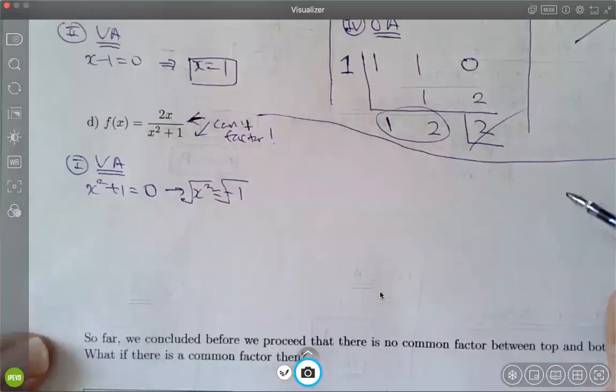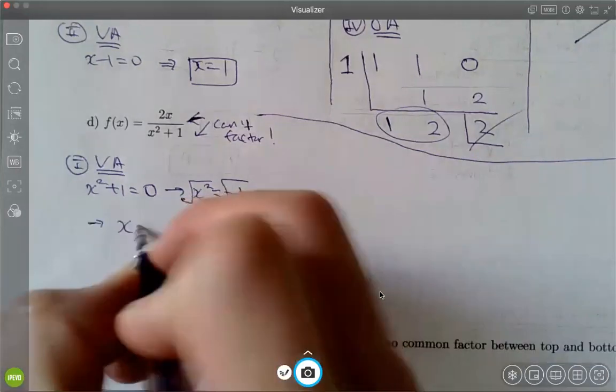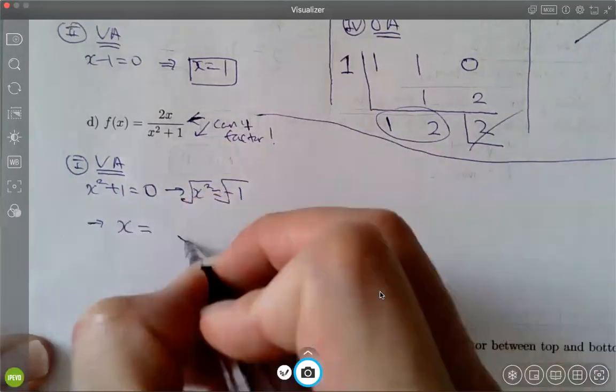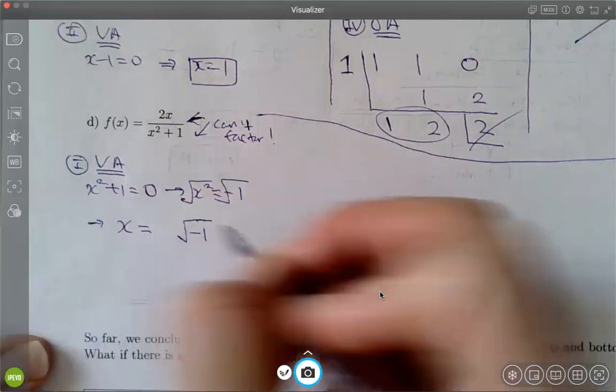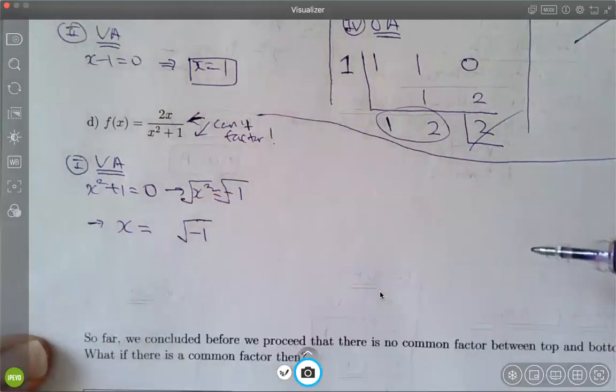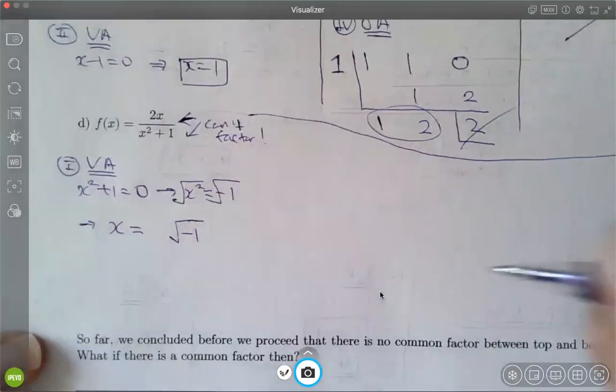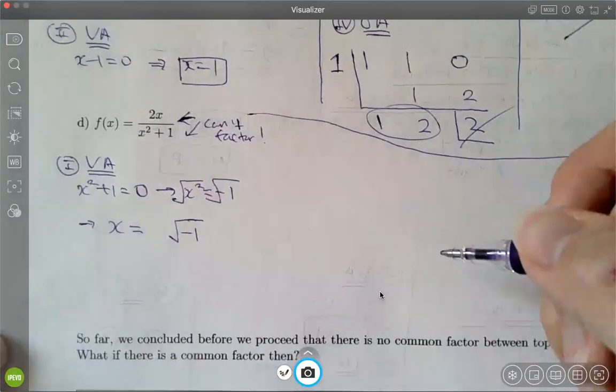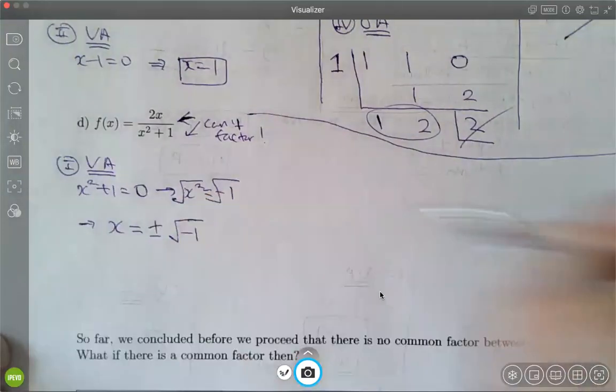Square root, right? So x is equal to plus or minus the square root of negative 1, right?